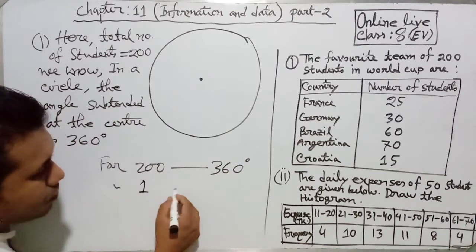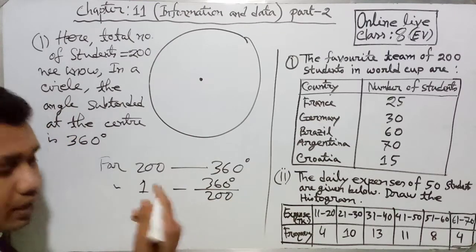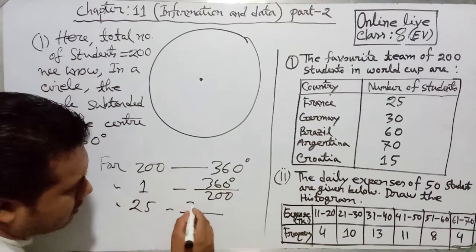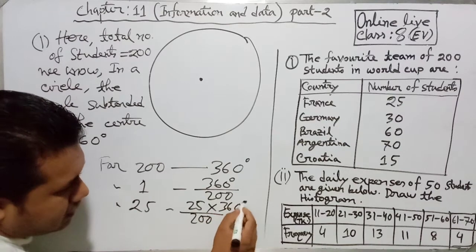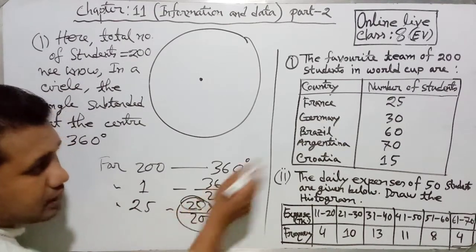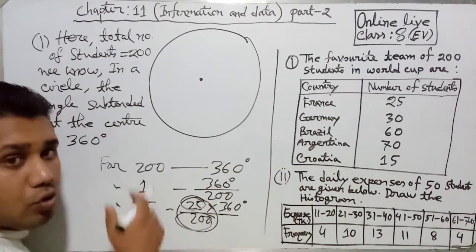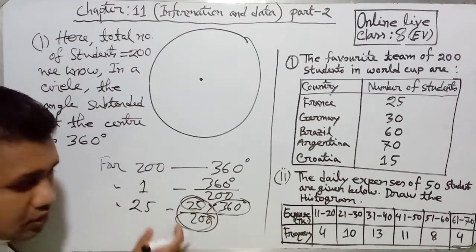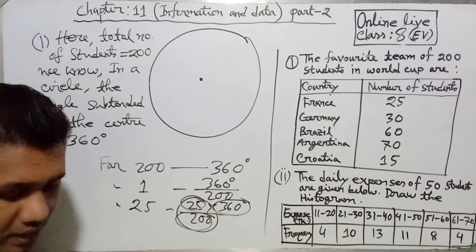So for one student we divide, and for 25 students we write 25 over 200 times 360 degrees. So look dear students, that means you have to divide the supporters of the country by the total students and multiply by 360 degrees. It is not necessary to write out the unitary method from class 4 and 5.